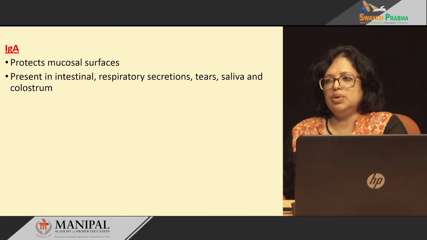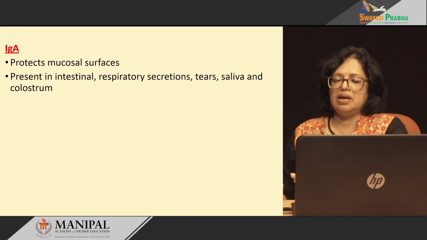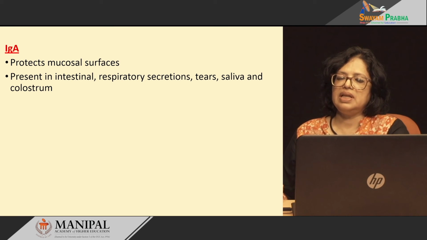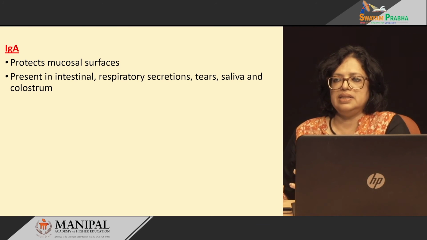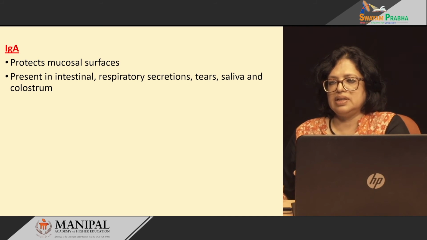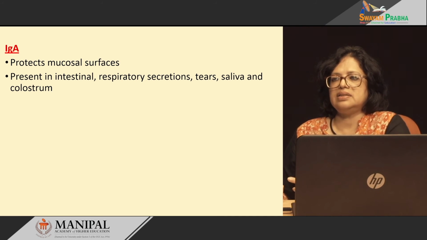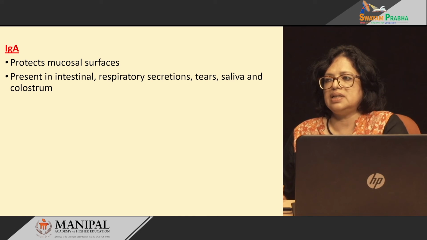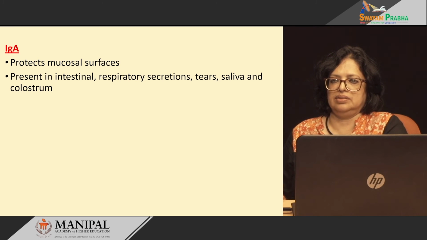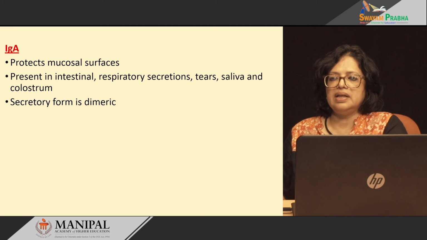IgA protects the mucosal surfaces. Wherever there are mucosal membrane, wherever there are secretions, there is IgA present in the secretion. For example, in the intestinal secretions, respiratory secretion, in the tears, in the saliva and in the colostrum. In the colostrum, it is highest in concentration. And the secretory form of IgA is dimeric.